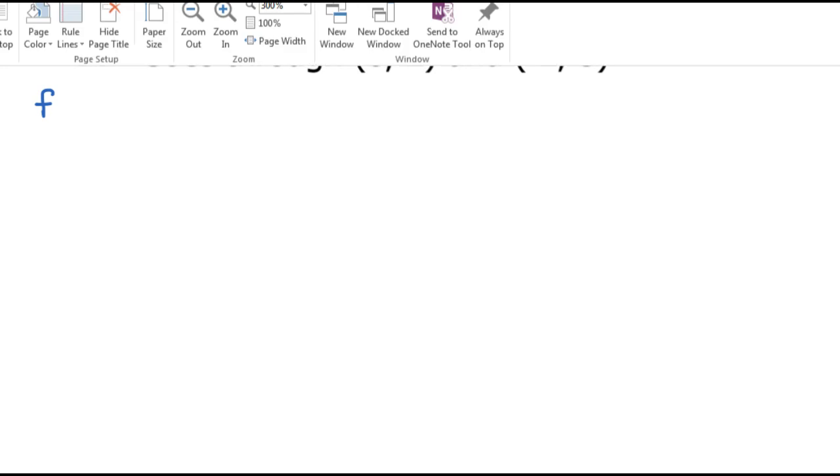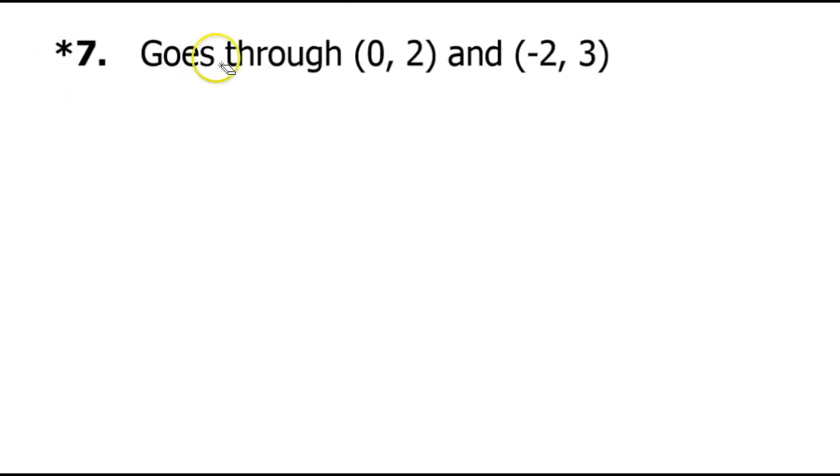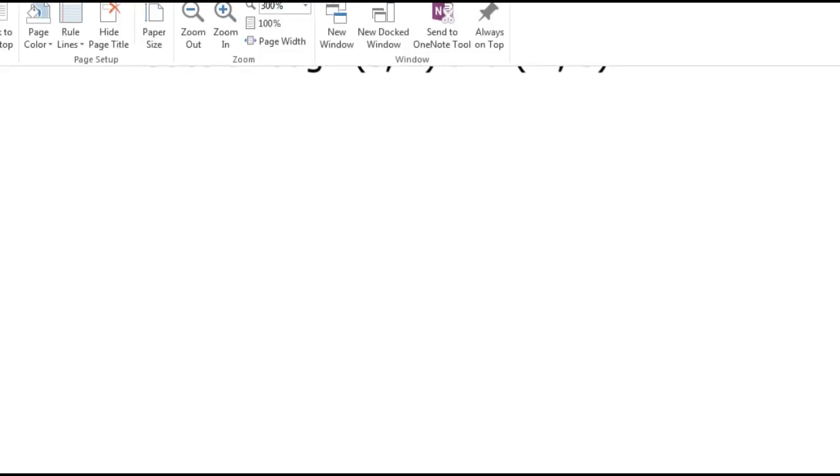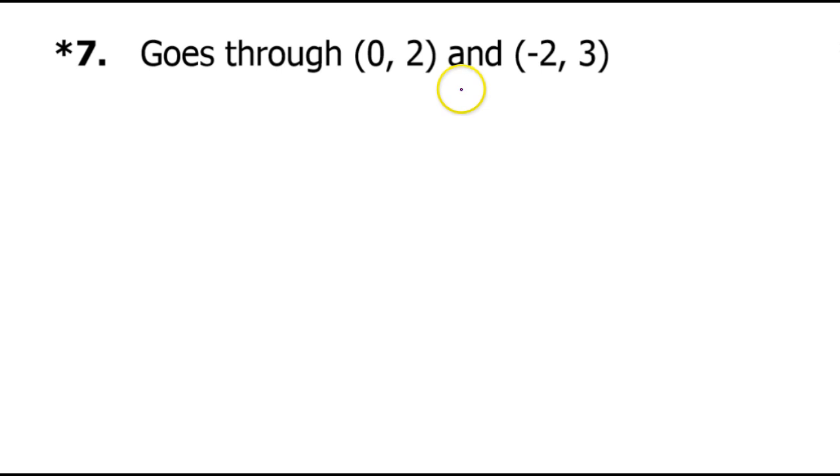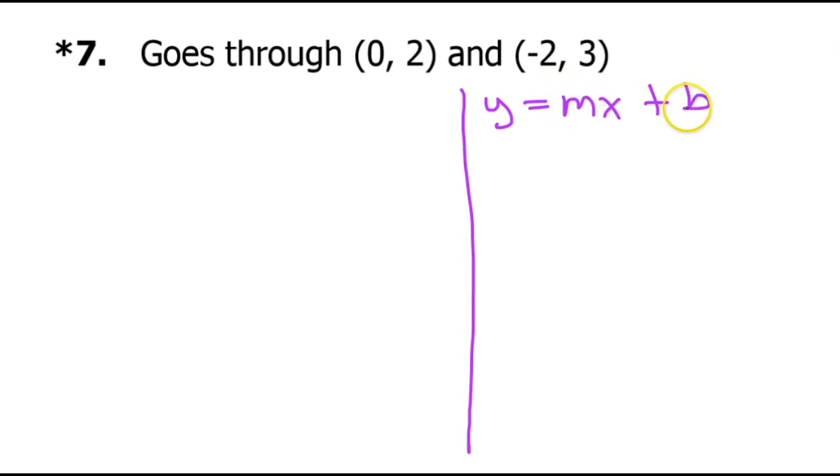First let me set up my little model here, because ultimately our goal is to do this. We're doing y is equal to mx plus b, right? So like I showed you a moment ago, we need these two things.